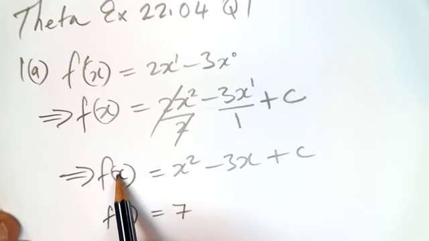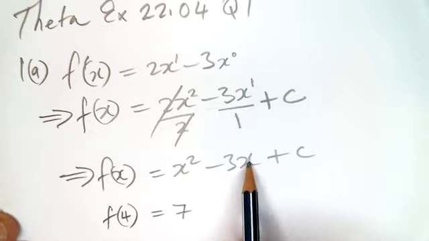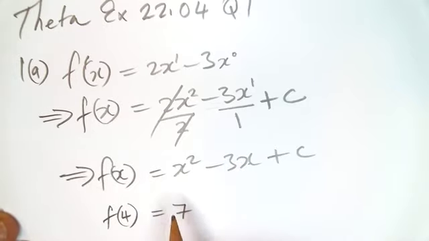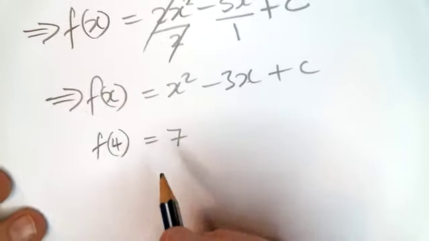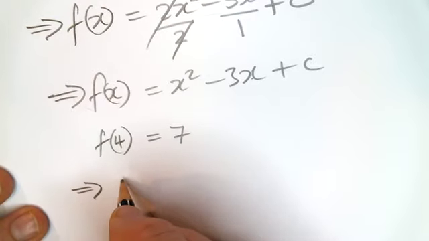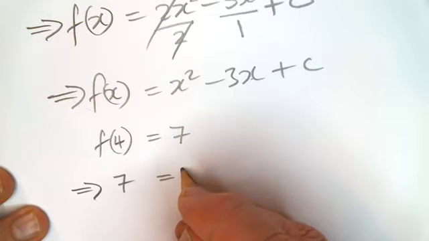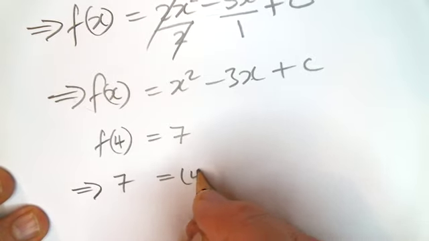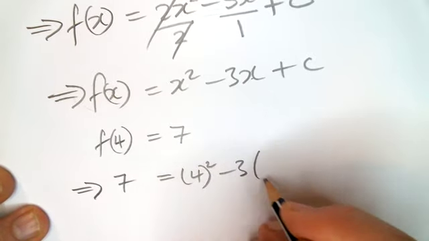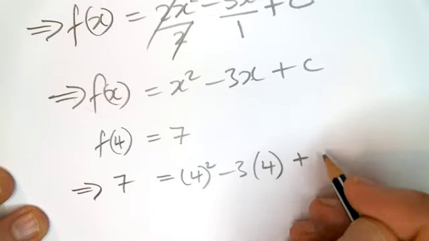So if I put 4 in there, in each place, this is equal to 7. So this implies that 7 is equal to 4 squared, minus 3 times 4, plus c.